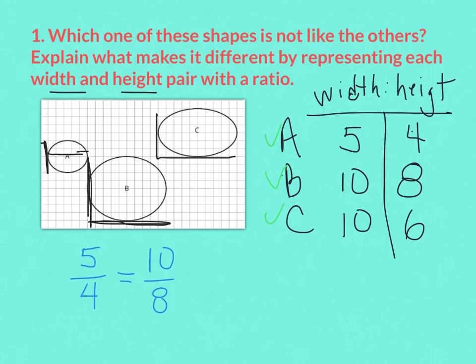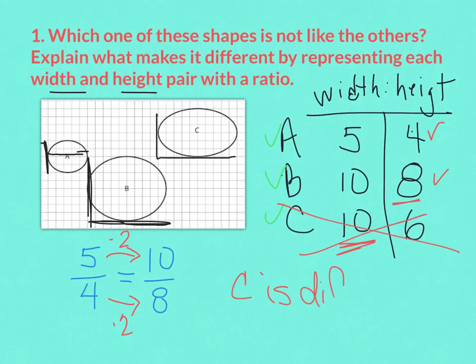Well, is there a number that I can multiply both 5 and 4 by to get to the new ones? Of course it is, times 2 and times 2. So these are the same. Now, since this is already 10, and I know that 10 has to be 8, I know that this one is not the same. So C is different.